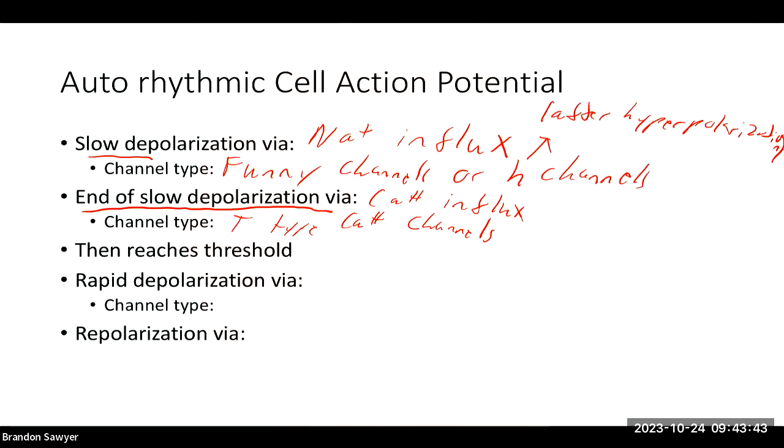And then we hit the action potential threshold, and we get rapid depolarization. This is going to be via calcium influx again, but just more of it. These are due to L-type calcium channels.